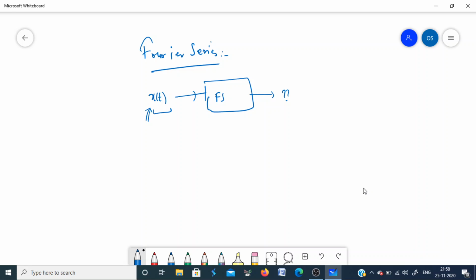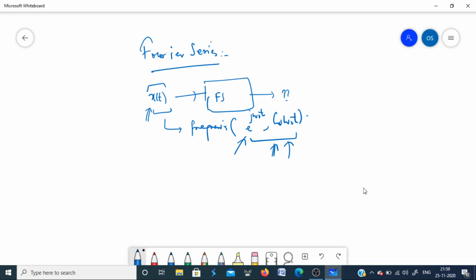And when you say the frequencies in the signal, it means either the complex exponentials or sinusoidal signals. So it basically decomposes a signal x(t) in terms of complex exponentials or in terms of sinusoids.